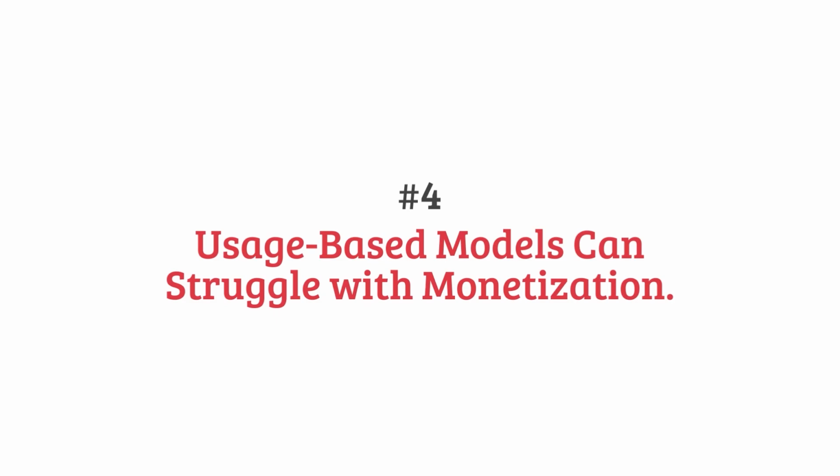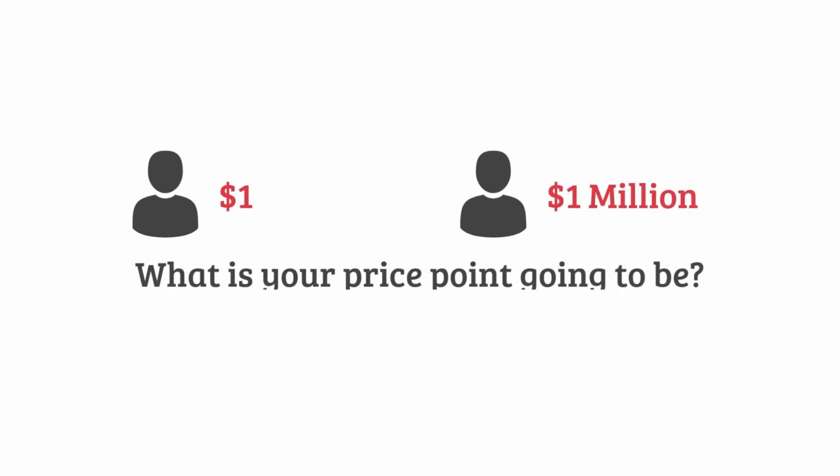The fourth point is that sometimes usage-based models don't monetize that well. This is a longer point, but let's imagine that you're measuring something, and that something for one customer is worth $1, and for another customer is worth $1 million. So what is your price point going to be? $500,000?